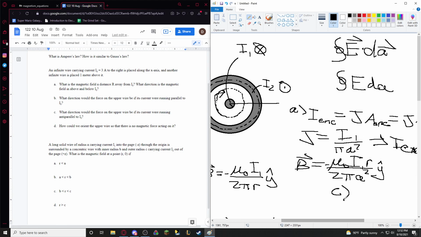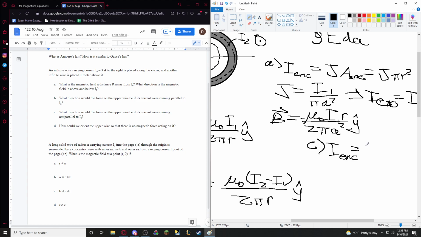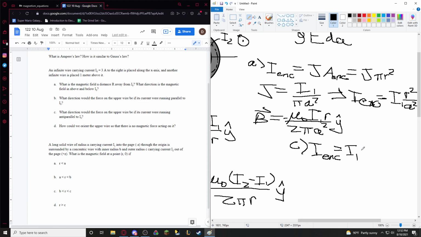Yes, we do. So I enclosed is going to equal all of I1, and then a negative sign because any contribution from I2 is going to be opposed to I1. And so it's going to be some part of I2.